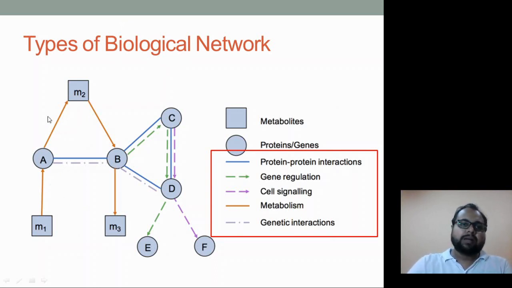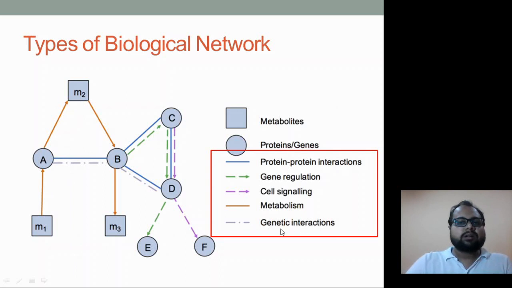Again, your metabolic biological pathways here could be directional. One thing is, when we are talking about metabolites, the metabolites are always given as squares. The shape is always square, and the other ones, your proteins and genes with which your metabolite are interacting, will always be circular. So this is something you have to remember.